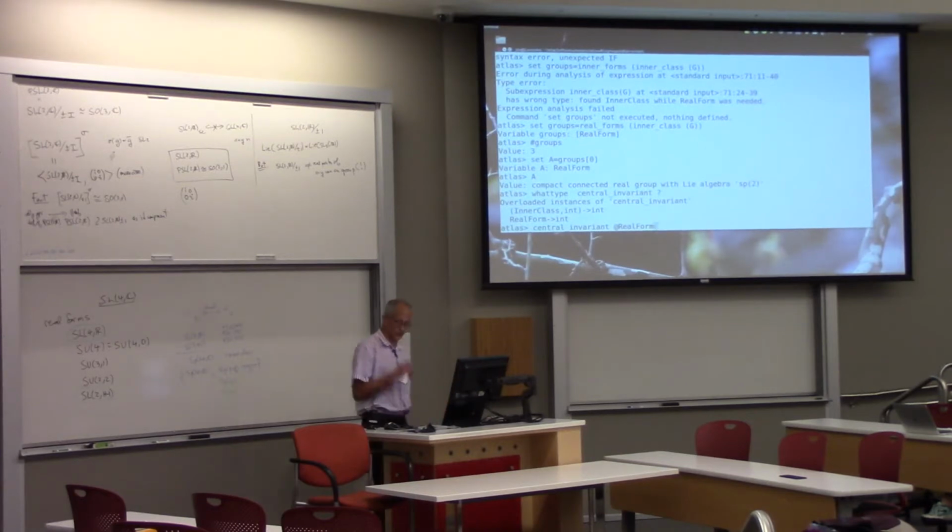So this is a new syntax. This says take the central invariant function. There are 2 versions of it. One which takes a pair like this, one which goes like this. This is the one I'm interested in. When I say at real form here, I mean the version of this function which returns an integer. And when I give this syntax, it's going to tell me how the function is defined.